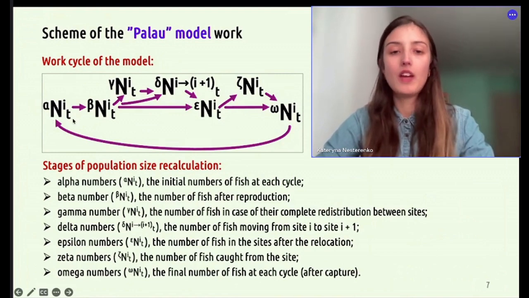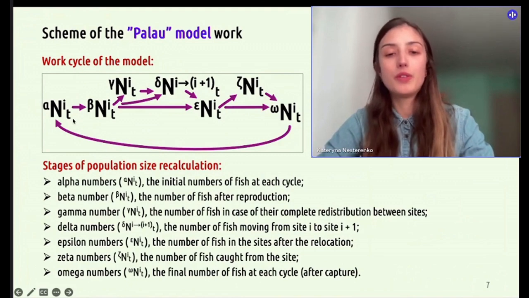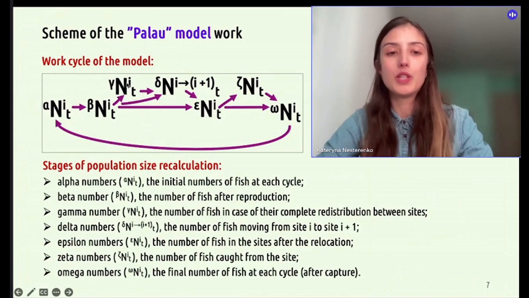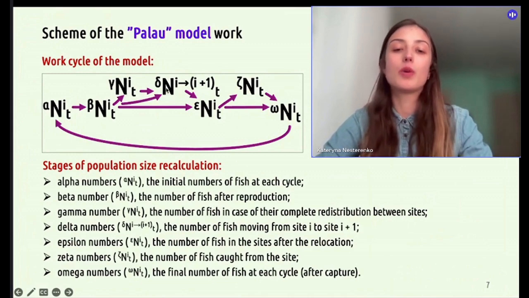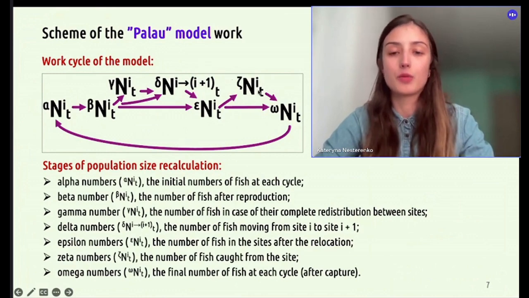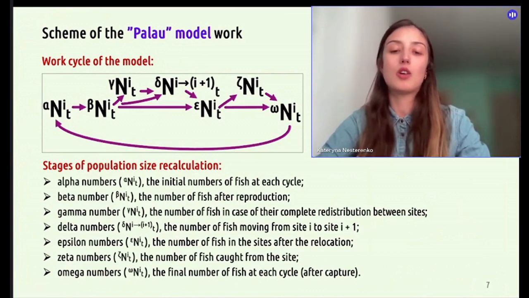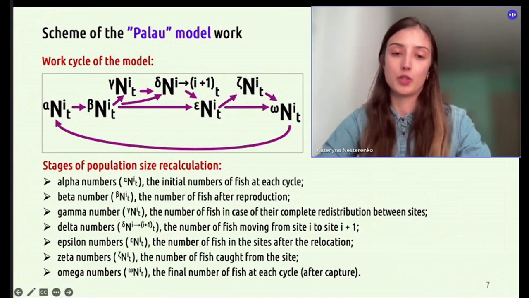In each cycle, we determine how many spawning fish are produced, how they are distributed between sites, and how many spawn in each site. We can observe how many fish are harvested from each site, depending on the fishing pattern chosen, and how many remain in each site afterward.